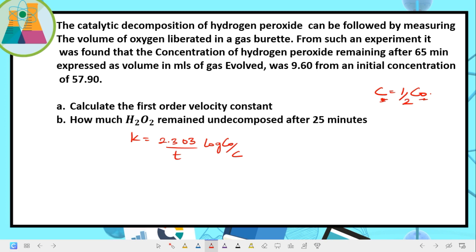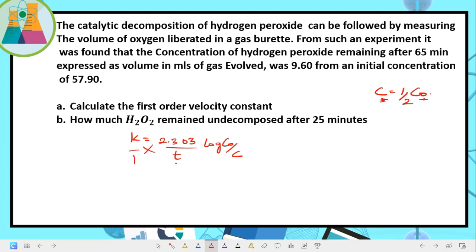When it reaches half of the initial concentration, that is the final concentration. So we stop there. The reaction does not proceed again. Wherever you see C, put half CO.